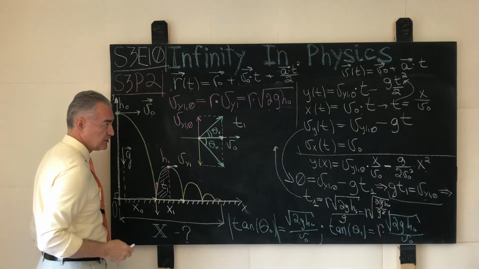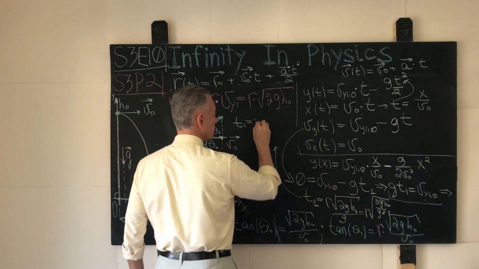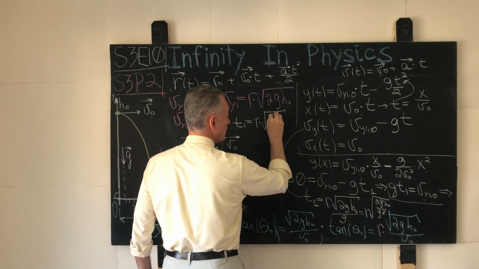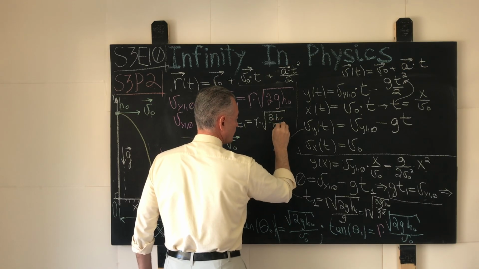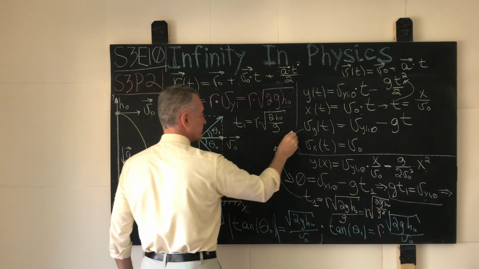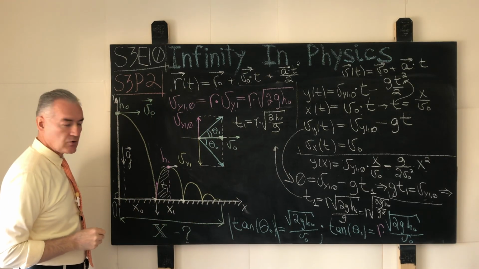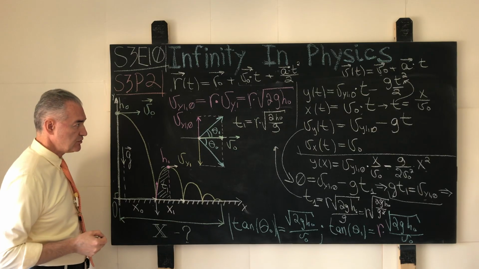So this time t1 will be R times the square root of what? 2H0 over G. This is the result that we now obtained, and the rest of the manipulations that we'll carry out in a few seconds should be transparent.